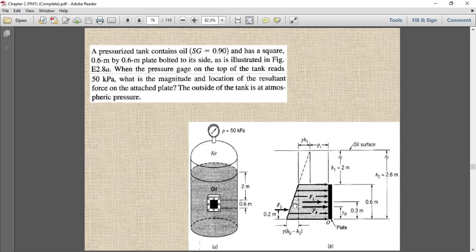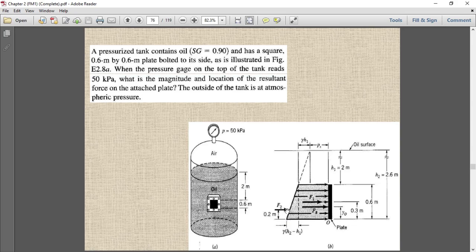If it is a rectangle, we know it is equal to half the volume of the prism, which we derived previously. So this pressure will give you F2.